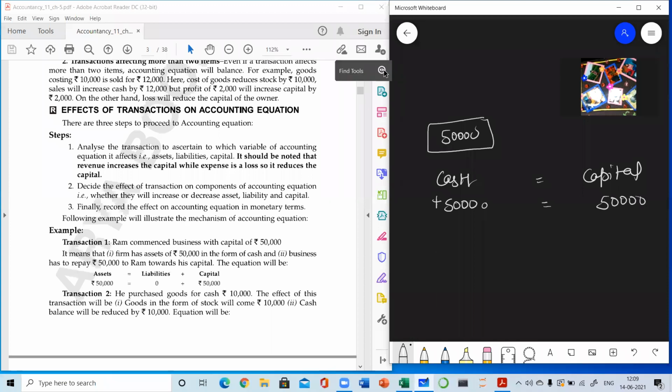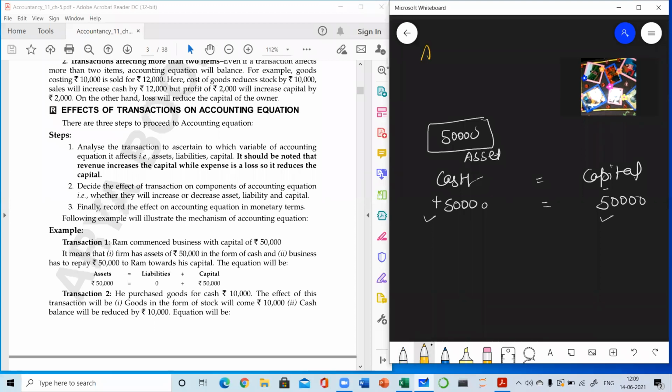So you can see that the effect on both sides is the same. On one side, cash is increased by 50,000 and on the other side, capital is increased by 50,000. So whenever business is commenced, there will be a two-sided effect. One side is cash, meaning asset side, and the other side is capital, meaning liability side.